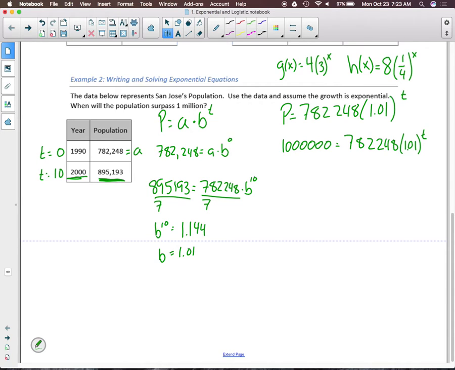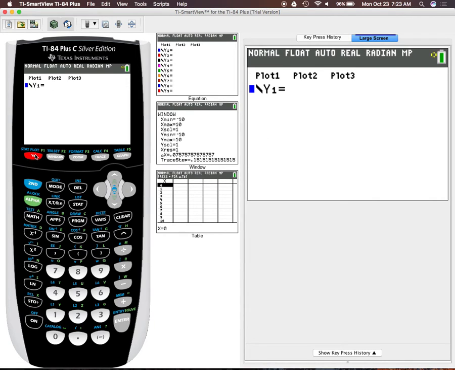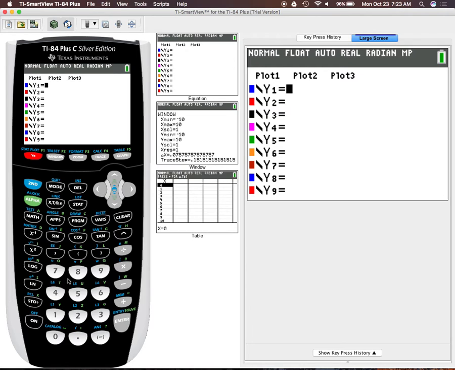We don't know how to do that officially right now, so what we have to do is graph this. In order to be super accurate, I'm going to store this value as b, because that's what it is. And now I'll jump up into my graph.